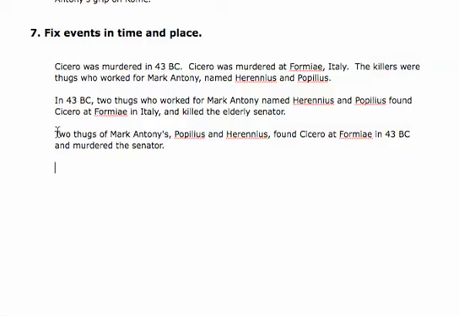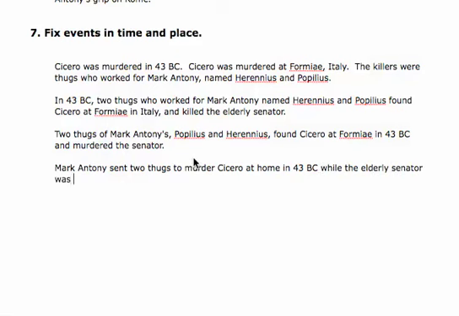And we've now put the information into the same order. We've changed the order of things here, and we've changed the sentence structure, and we can do that again. We can say Mark Antony sent two thugs, and maybe we shouldn't even dignify them with names, to murder Cicero at home in 43 BC while the elderly senator was at his country estate in Formiae.